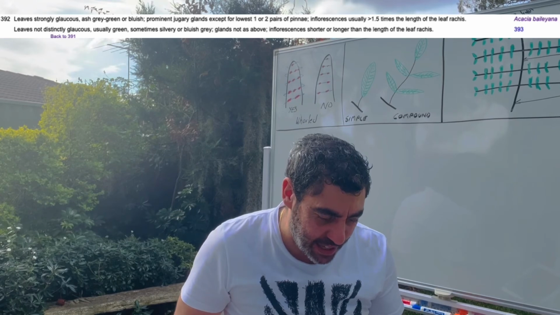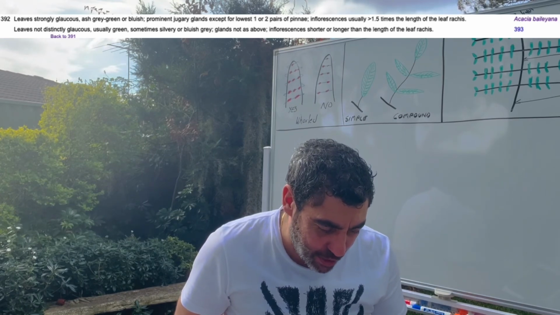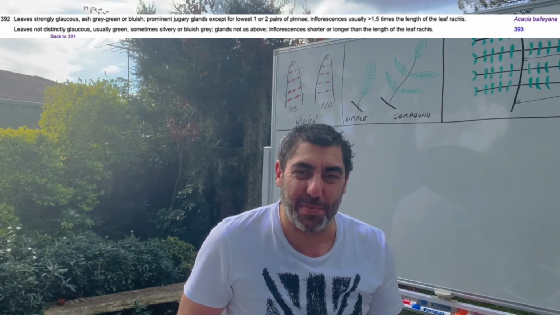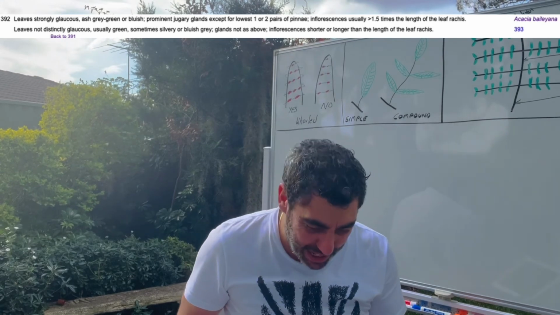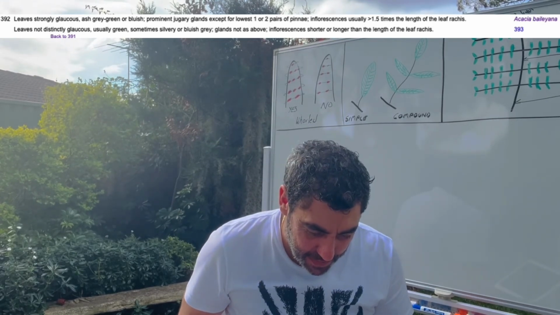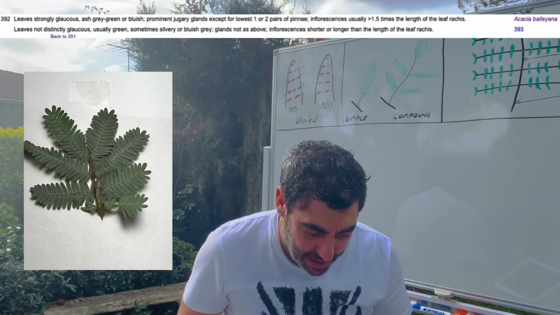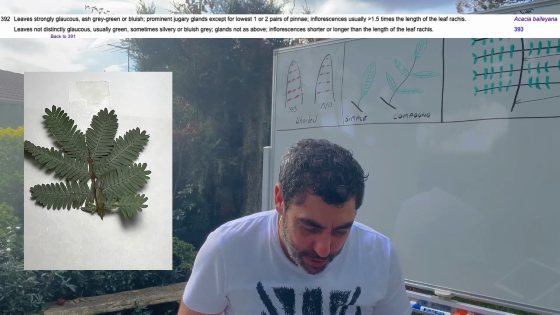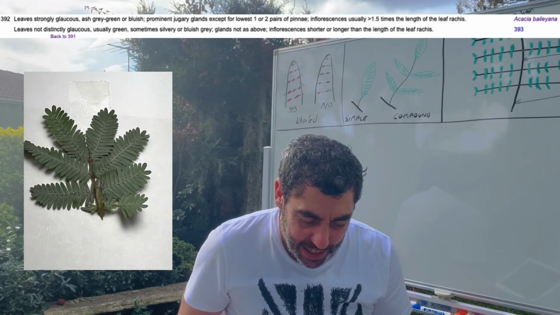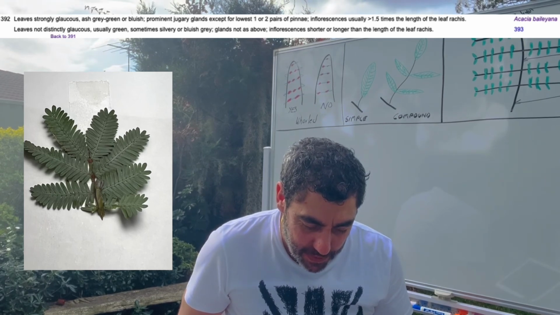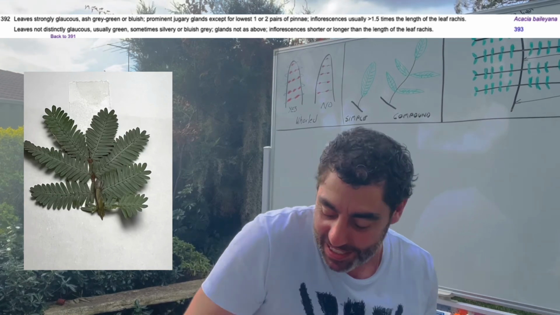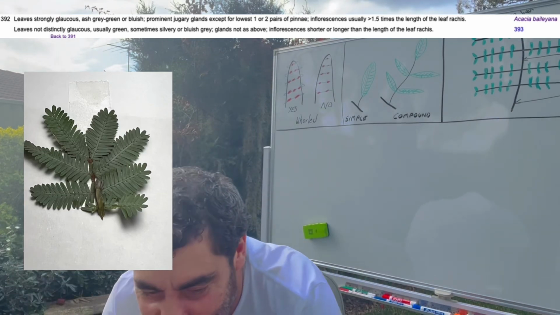Leaves strongly glaucous, ash grey or bloomish. Glaucous means that they've got that grey, powdery colour. Jugary glands, 1 or 2 pairs of pinnae. The jugary glands are these ones here. You'll see them in all the leaves, some more.